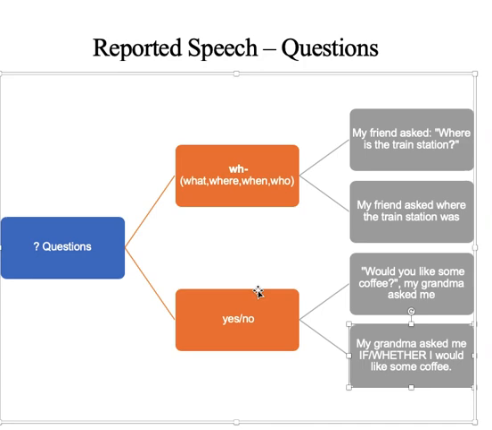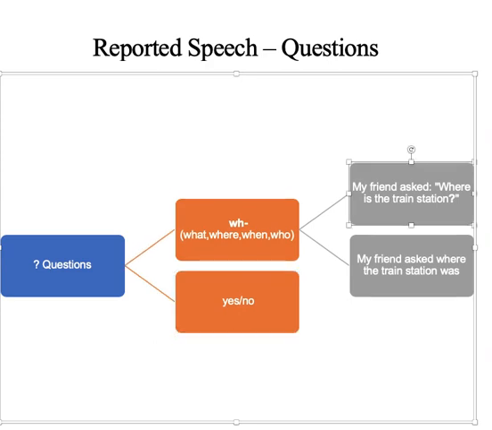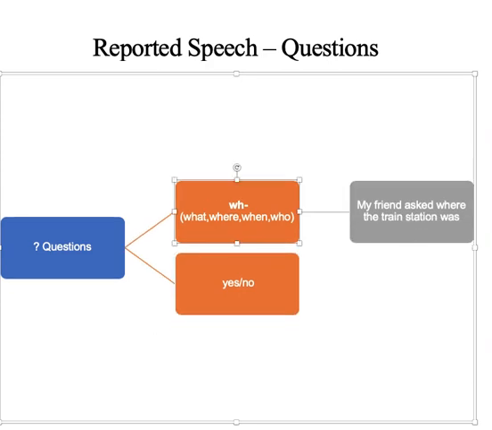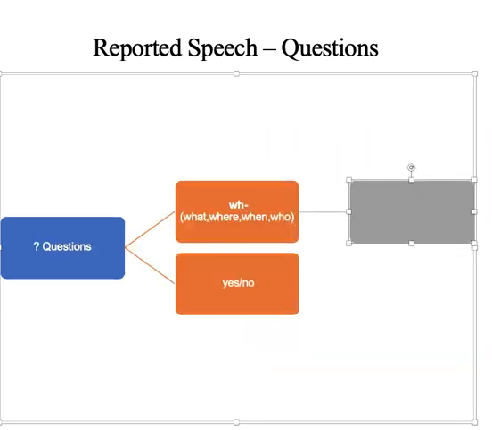So with these instructions, you already know how to transform affirmative sentences and negative sentences and interrogative sentences. Just bear in mind two very important things. When you have WH, we are going to use the same WH word.